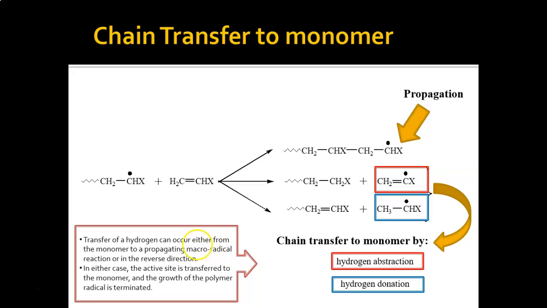In the other case, the active site is transferred to the monomer and the growth of the polymer radical is terminated. You can see that the hydrogen abstraction occurs in this structure. And hydrogen donation refers to the active site here being transferred to the monomer, and the growth of the polymer radical is terminated.